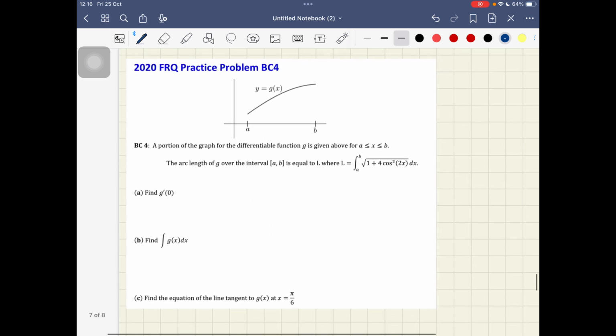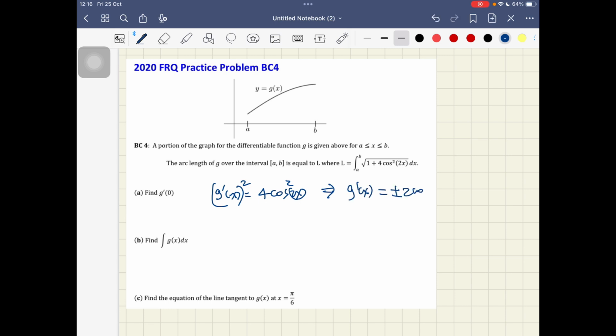The portion of the graph is from A to B. It seems like this. So f prime of x squared is 4 cos 2x squared. So g prime of x seems to be plus or minus 2 cos 2x.